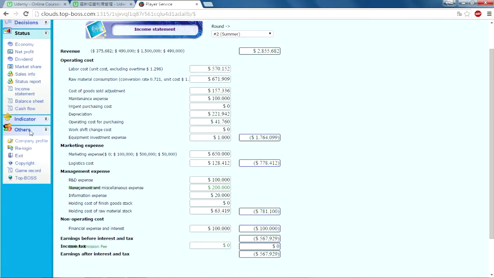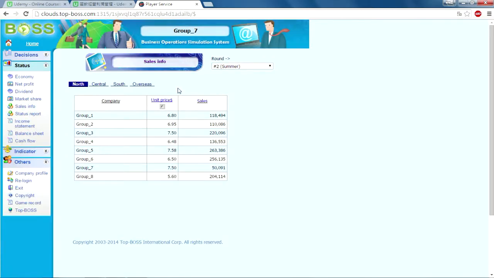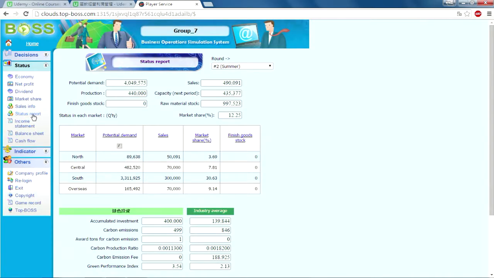When we talk about the conversion rate, please go with me and get back to the status report. There is one column missing. I did that on purpose. This is called the raw material stock. Half an hour ago, when I explained this table, I didn't mention anything about the raw material stock. But after I introduced the conversion rate, let's get back to this. The moment I give the company to you, I'm giving you a lot of cash, 1.2 million cash.